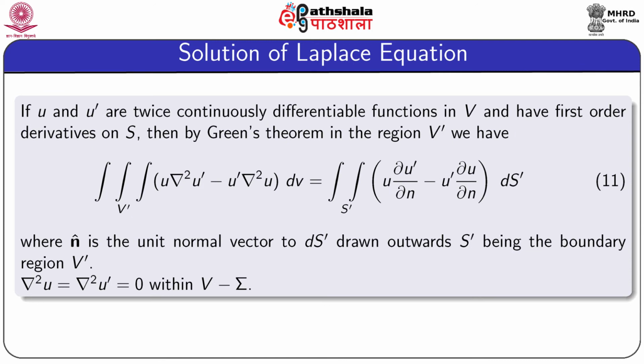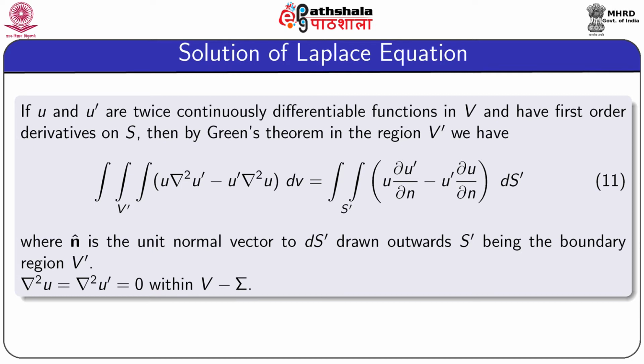If u and u dash are twice continuously differentiable functions in capital V, and if they have first order derivatives on the surface S, then using Green's theorem we can write that the volume integral of u del square u dash minus u dash del square u is equal to the surface integral of u del u dash del n minus u dash del u del n dS dash, where n is the unit normal vector to dS dash, and it is drawn in the outward direction in S dash.